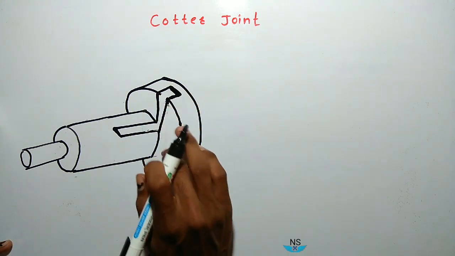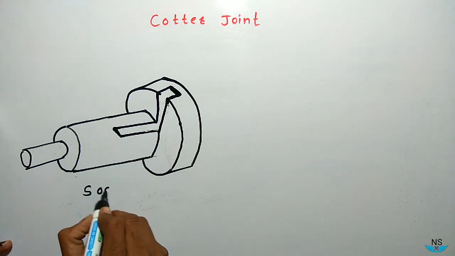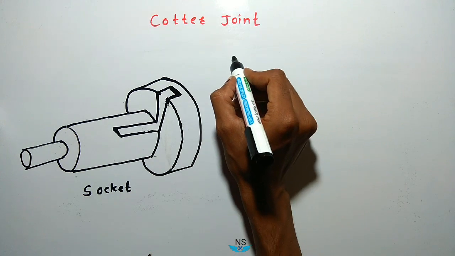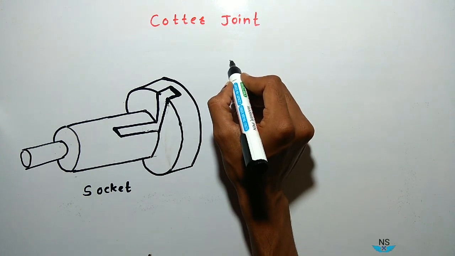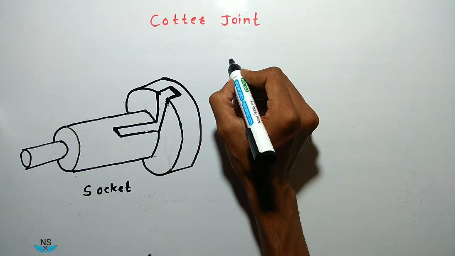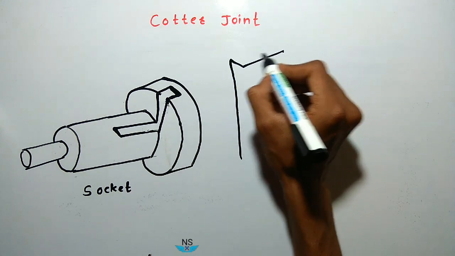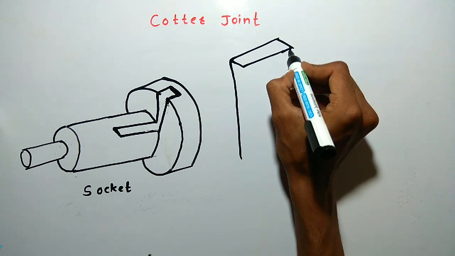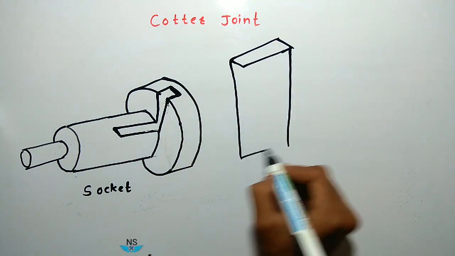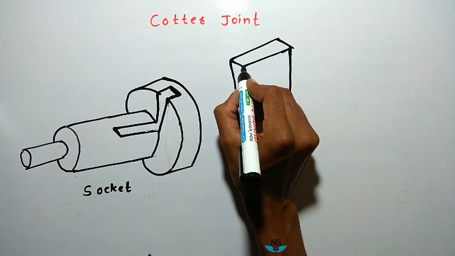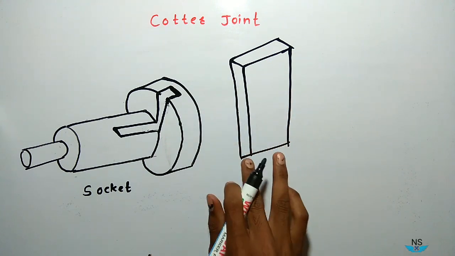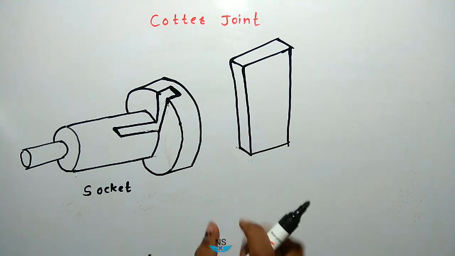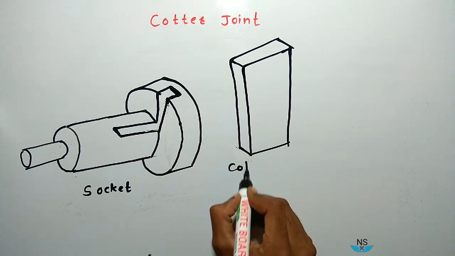So this is the socket. Now let us see how the cutter looks like. The cutter looks like this. So this is the 3D view of the cutter.